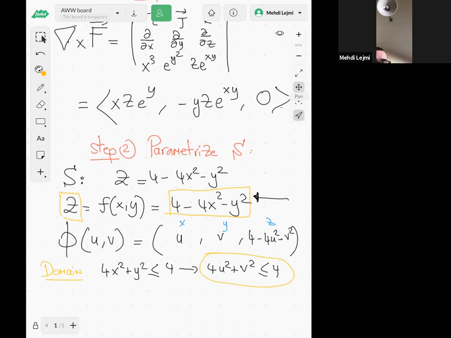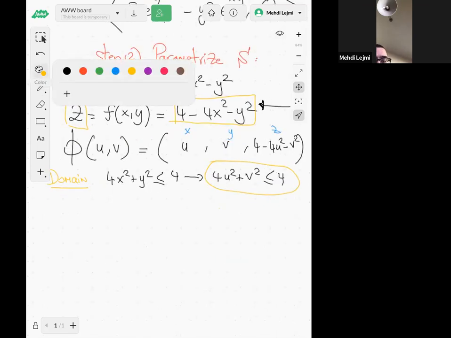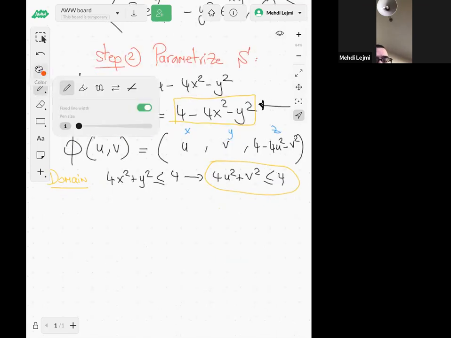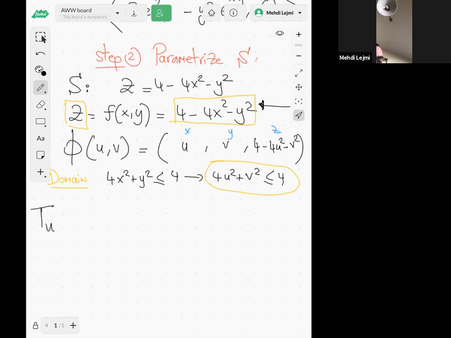Now I need to compute my normal vector. So I need to compute t_u, which is the vector derivative with respect to u: 1, 0, minus 8u. The derivative with respect to v: 0, 1, minus 2v.